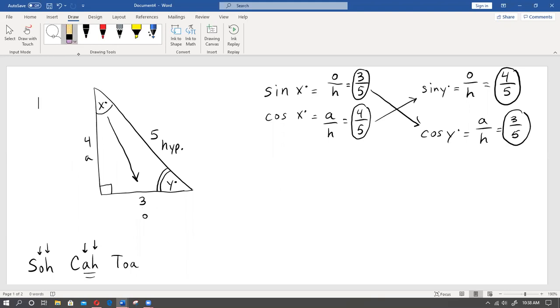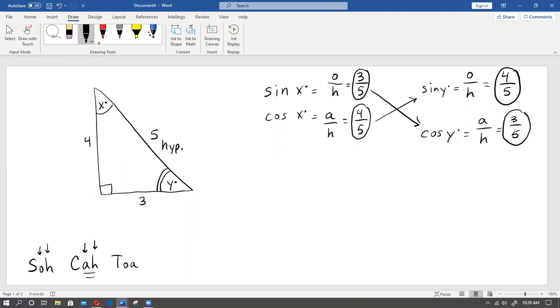But then when we jump to the other angle, Y, now the opposite becomes 4 and the adjacent becomes 3. So it depends on which angle you're doing. So if you have the same triangle, it's always going to work that way.